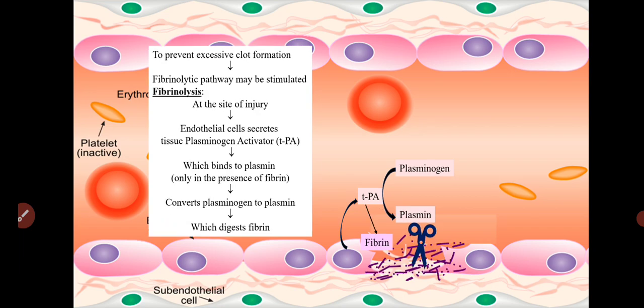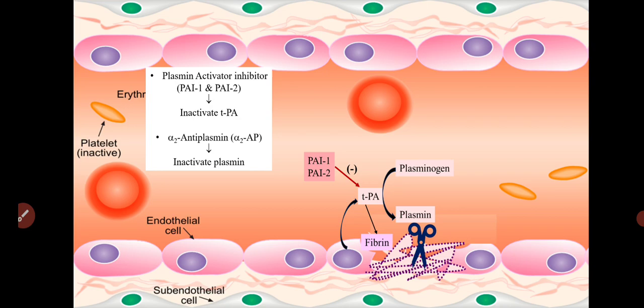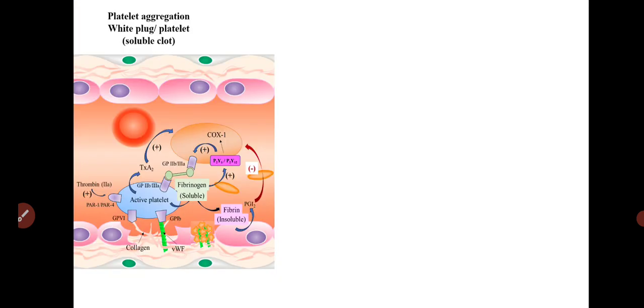This plasmin digests or breaks down the fibrin. Also, the plasminogen activator inhibitor type 1 and type 2 inactivate this tissue plasminogen activator, and alpha 2 antiplasmin, that is alpha 2 AP, inactivates this plasmin.